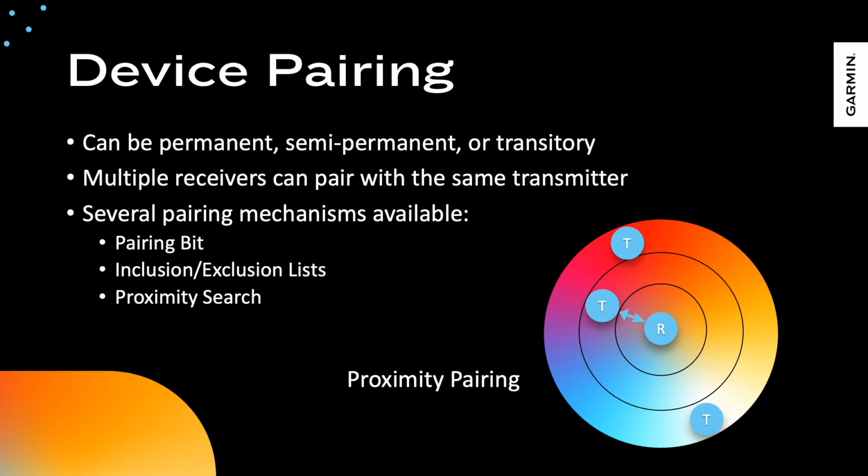The transmitter's channel ID is broadcast with every message. Recall that the channel ID is made up of transmission type, device type, and device number. When a receiver's channel is opened, it has a couple options for how to set its channel ID. If it knows the channel ID of the channel it is trying to connect to, it can set its channel ID to that ID and begin searching.